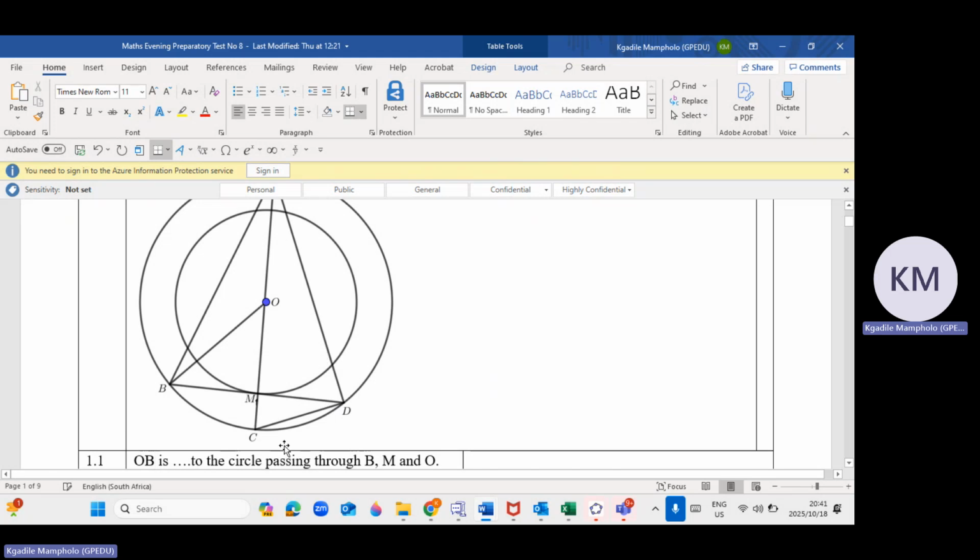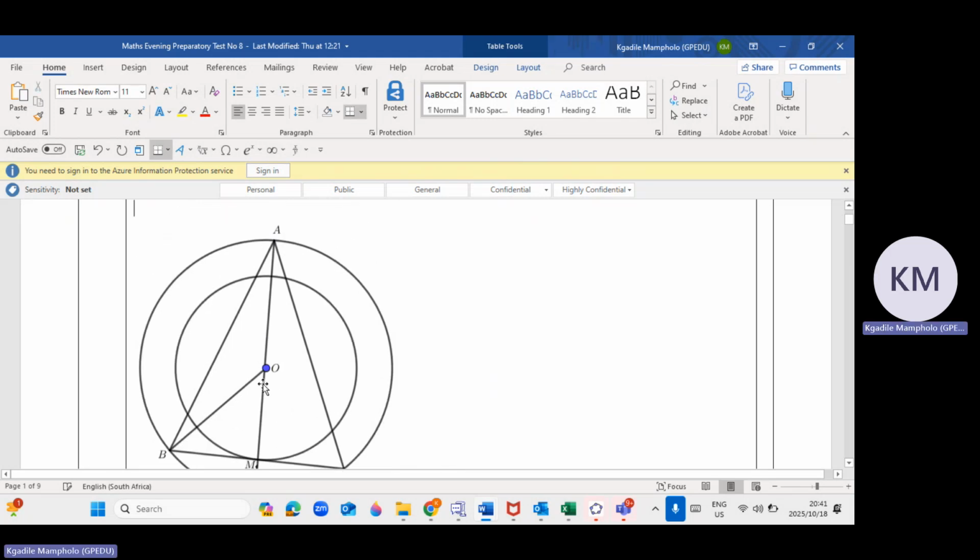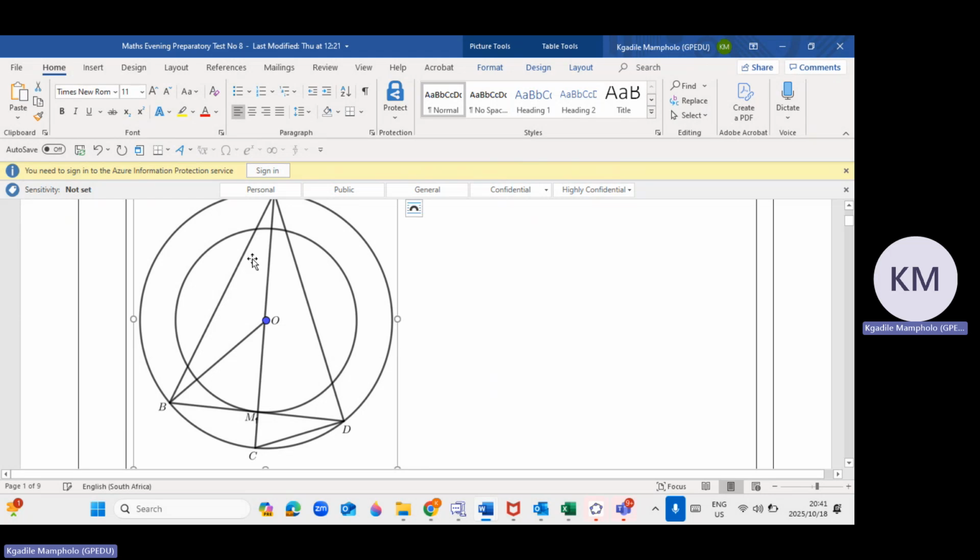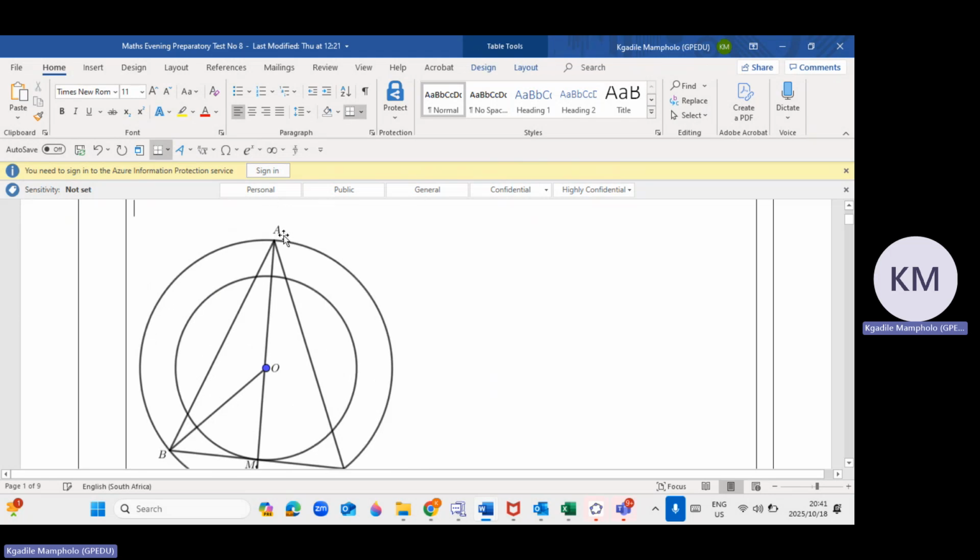When you shorten it, you will just say perpendicular from right angle vertex to the hypotenuse. Then you will say MD squared equals MC times AM.